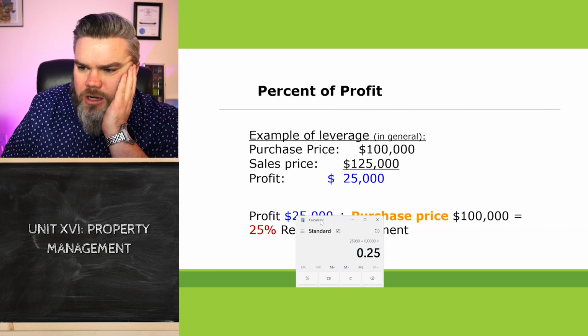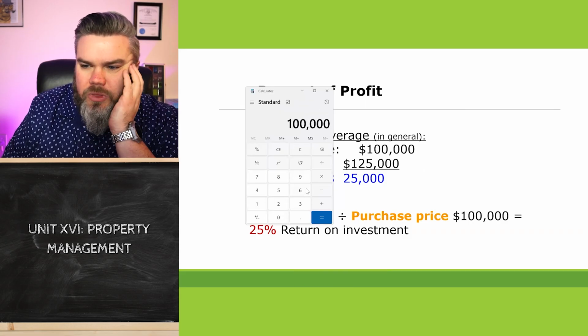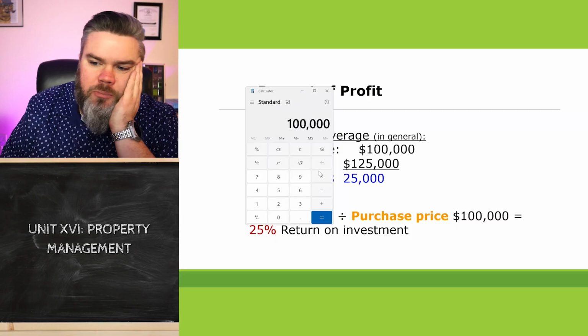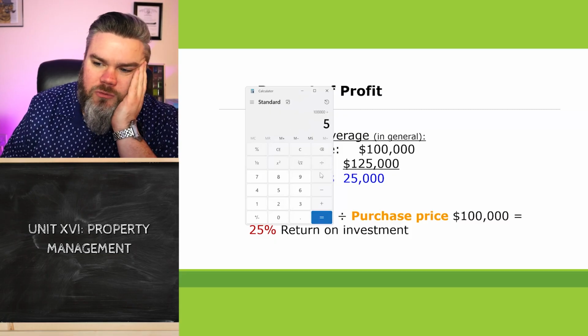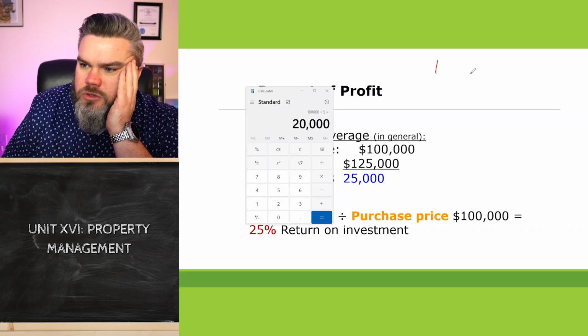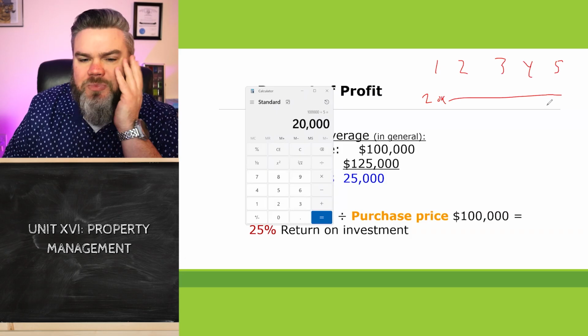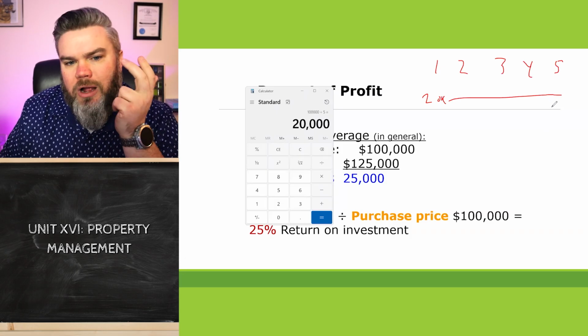If you took that $100,000 that you had in your bank account, and instead of buying one property for $100,000, you split it 5 ways and bought 5 houses, putting a $20,000 down payment on each, and then borrowed money from the banks on all the rest.